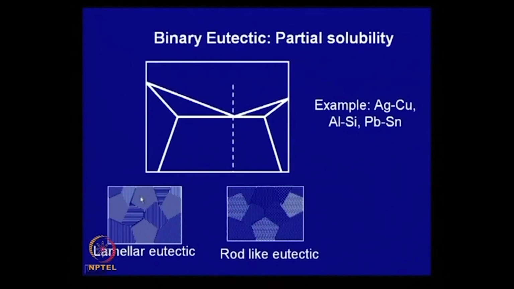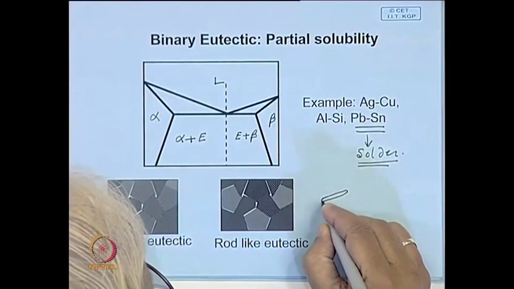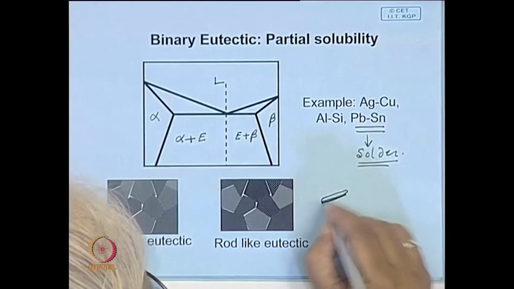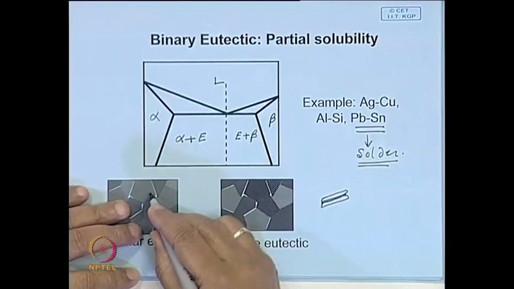One after the other they will keep forming. You have a layer of alpha, on that a layer of beta will form, then again alpha. This is the way a lamellar structure can form.